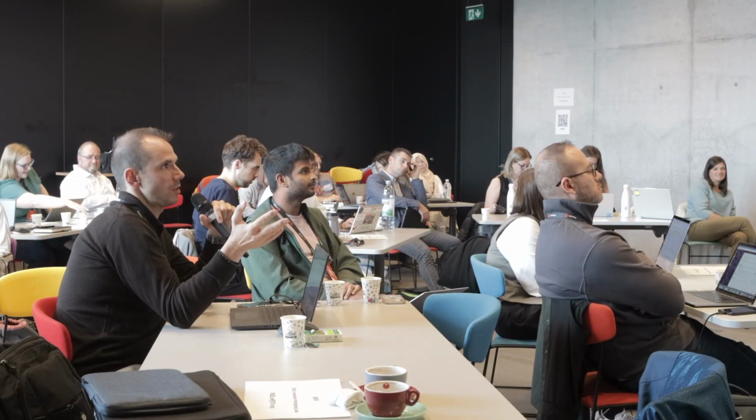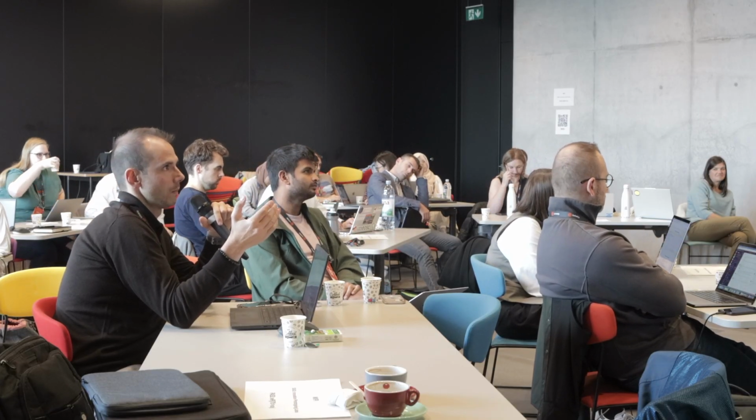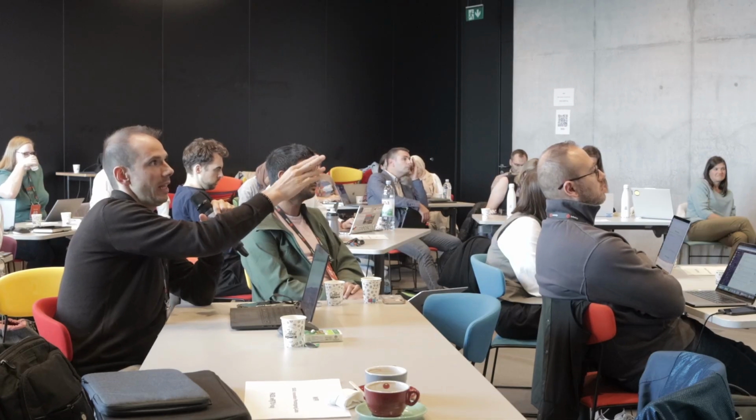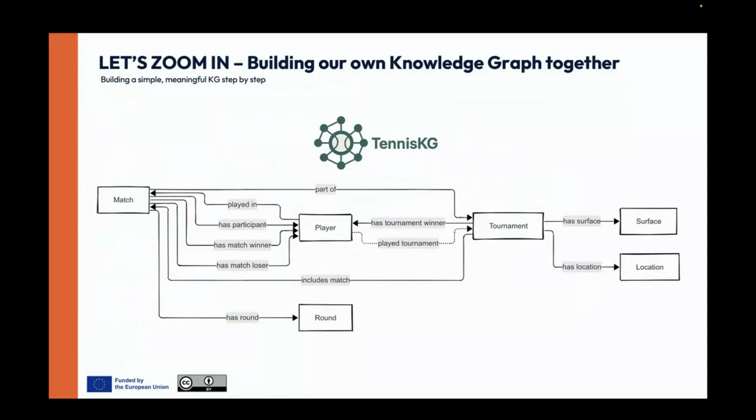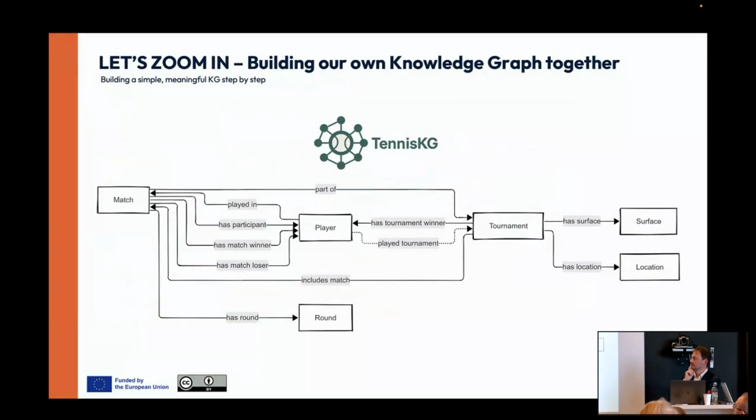In the first exercise, we didn't put the played tournament relationship, but we just had tournament winner, which implicitly assumes that that player played that tournament. So can the LLMs that you build on the base of the knowledge graph do these inferences?